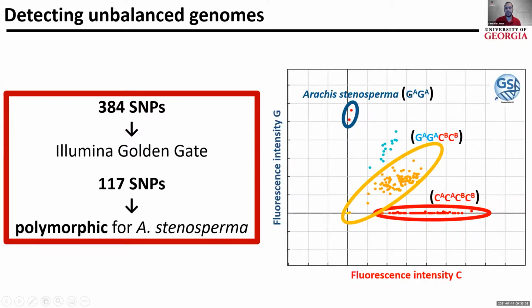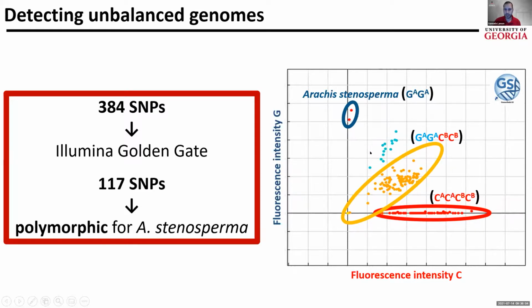It is homozygous for the G allele, and it has just the A genome. Being a BC1 population, what we expect is the homozygote for the opposite allele to Arachis stenosperma, which are these progenies in red, and the heterozygote, which are these progenies in yellow.